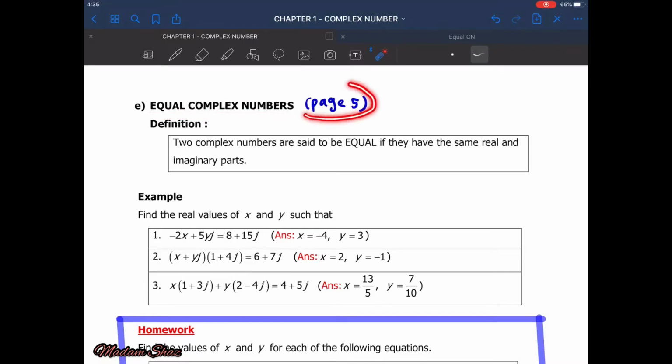You can refer to the notes at page 5. So equal complex number means that if they have the same real and the same imaginary part, then two complex numbers are said to be equal.